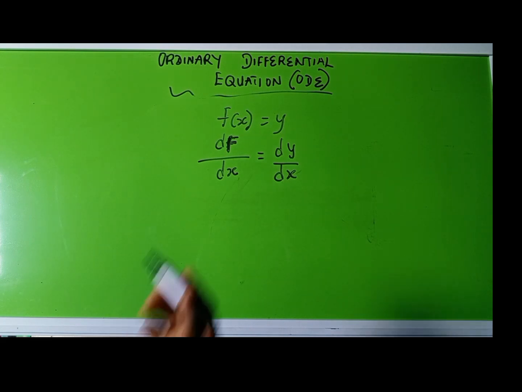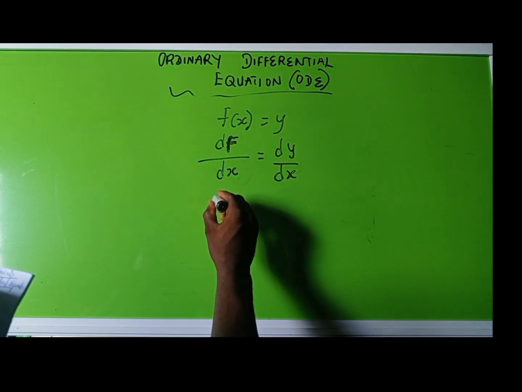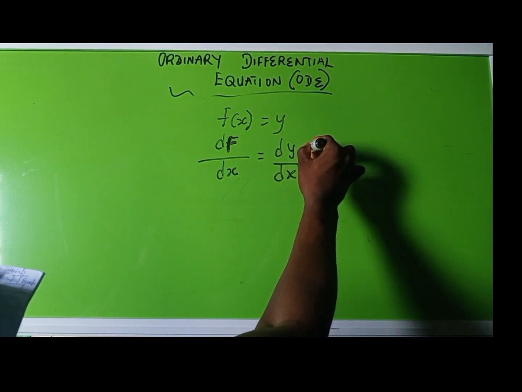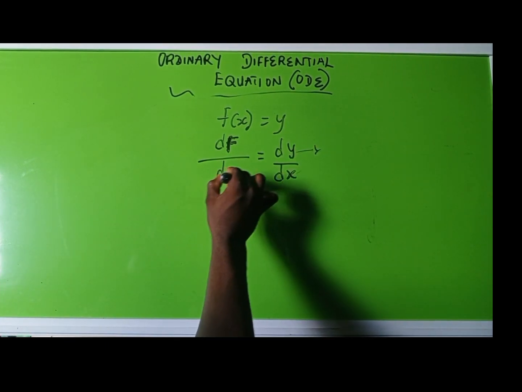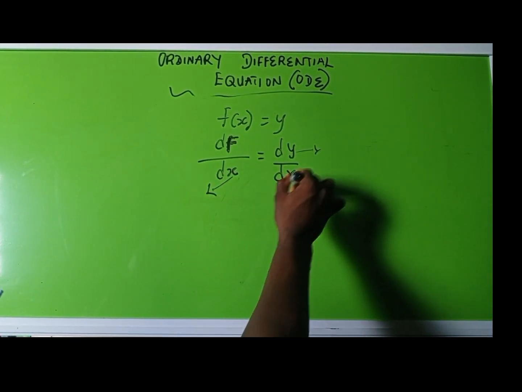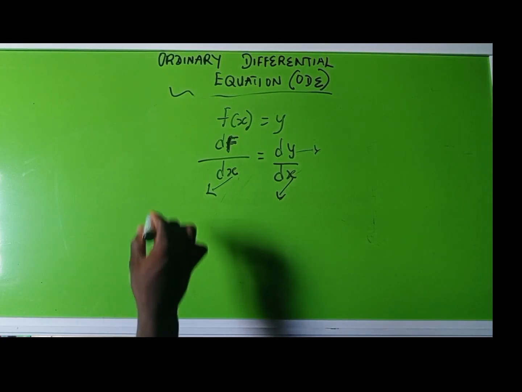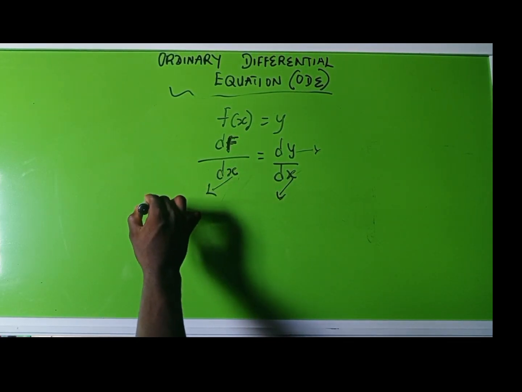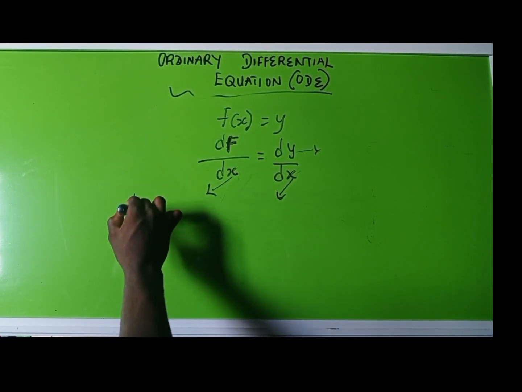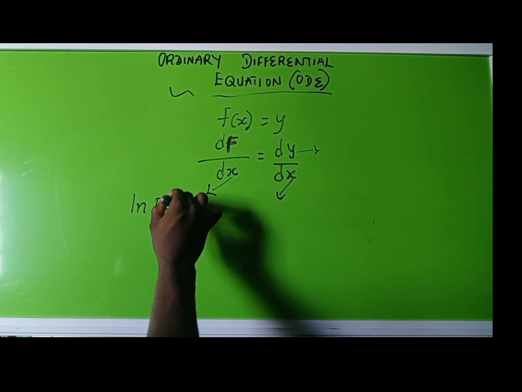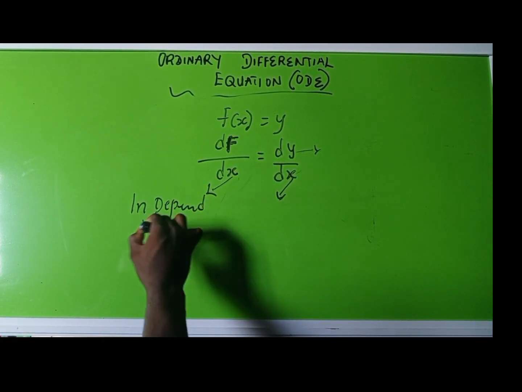So what you simply do is come over to the equation and rule these out. You simply say these are our independent variable.